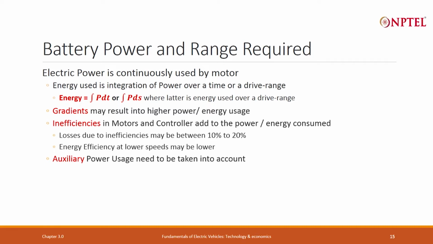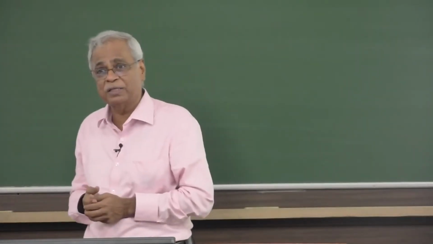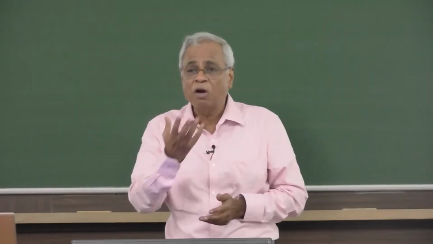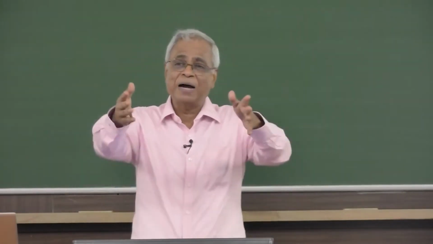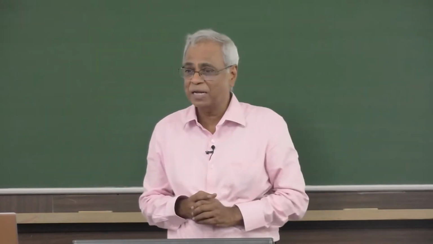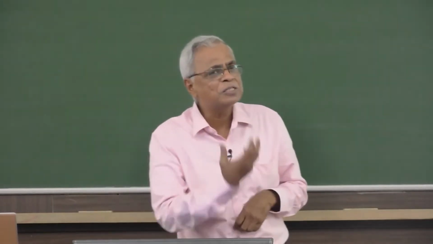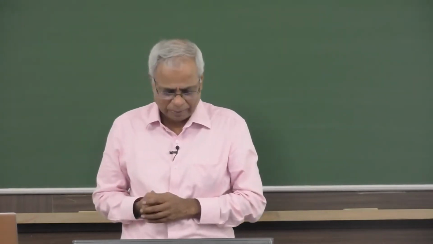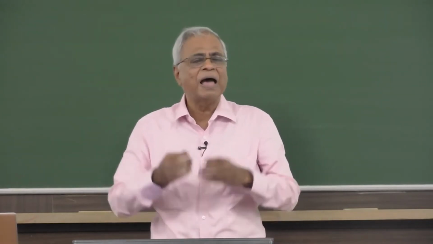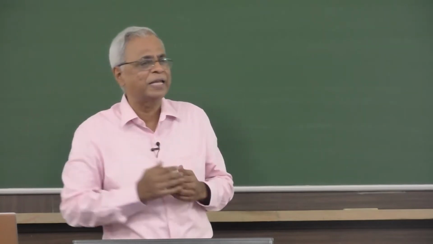Now, generally in all the measurements that we do, auxiliary power is not taken into account, but the auxiliary power may consume maybe 20% of the energy at times, particularly in high temperatures like in Chennai, when temperature is 42, 43 degrees centigrade, a lot of cooling is required. And if I park it in the sun and leave it there for some time, so much cooling is required, so much auxiliary power usage will be done that I will actually have a much smaller range.